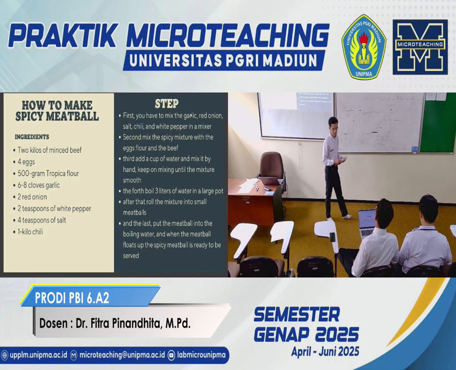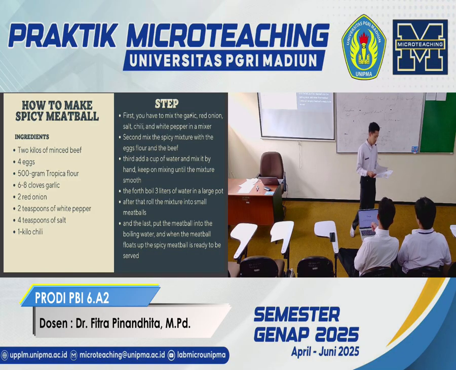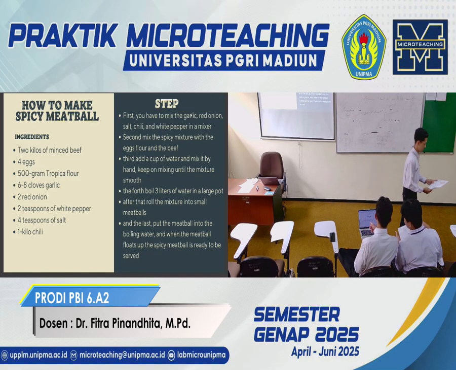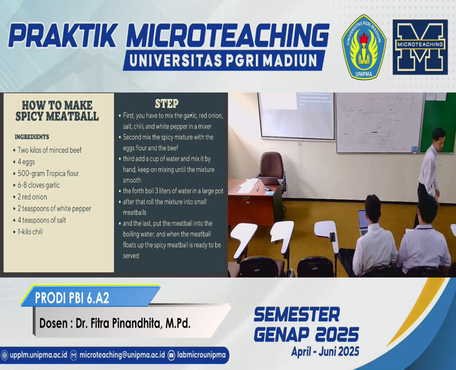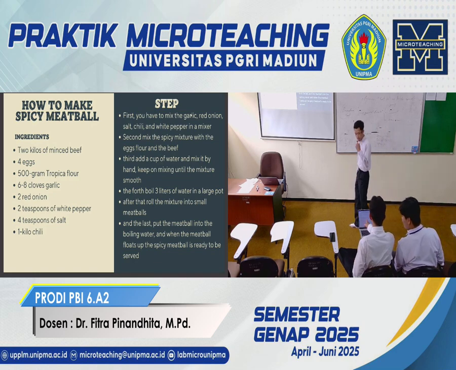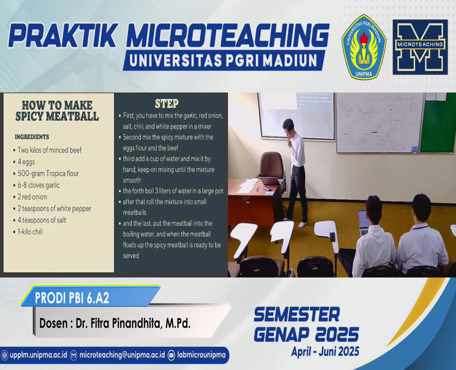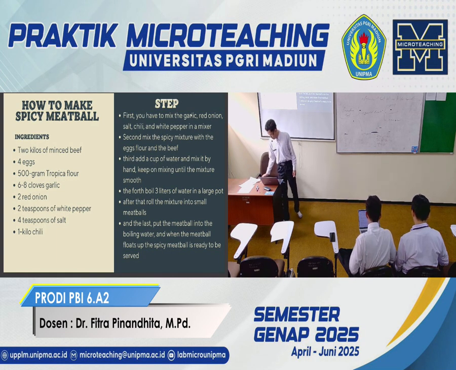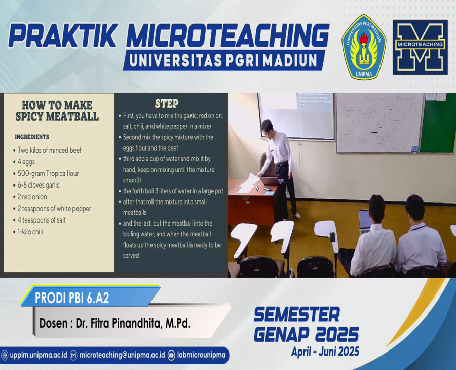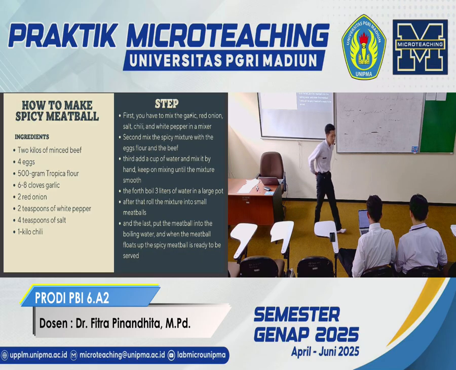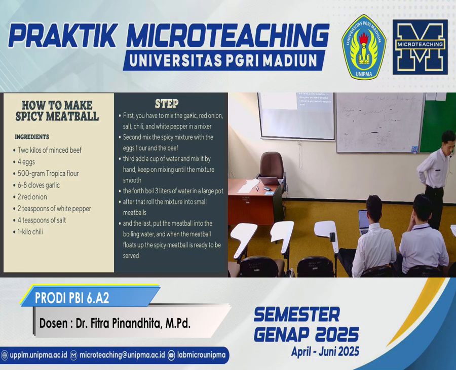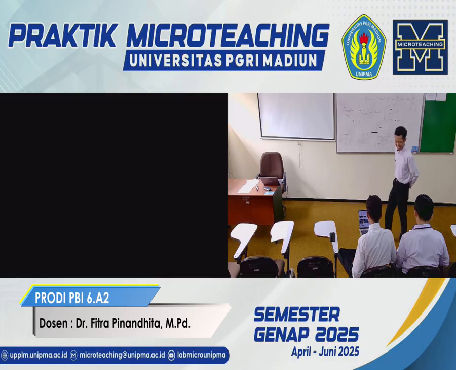Group 1 is Adit and Irfan, and group 2 is Arkan and Stefanus. You can do this exercise. Start from now. Any difficulty, class? Okay. How about you, Arkan and Stefanus? Okay. It's too easy, ya.